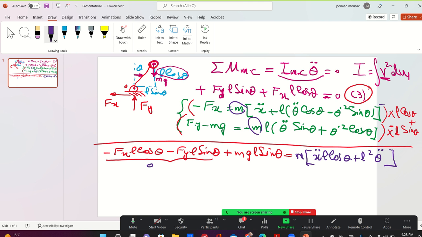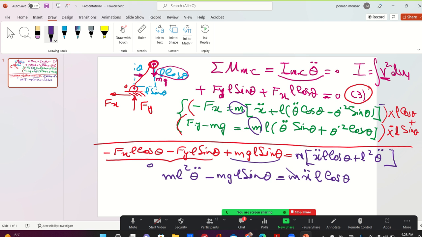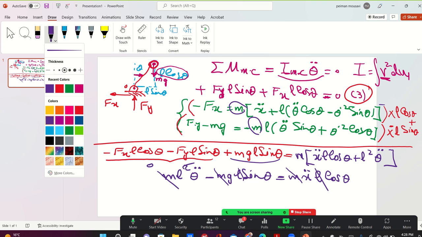So you can rewrite it like this. M L square theta double dot, and I'm moving this to the other side, minus mgL sine theta equals m x double dot L cosine theta. Cancel m, and one of the L's, and then divide by L. These are from high school.